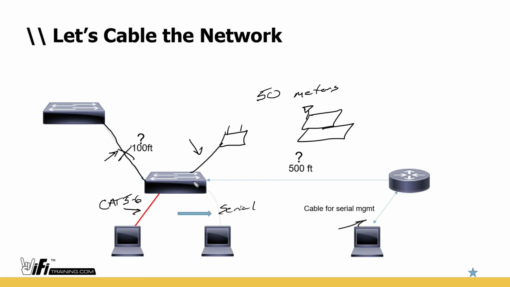So what would we use? We could use fiber here. So that's going to be a good fiber connection. Multi-mode or single mode at that distance would be fine. Now, single mode would probably be excessive. If it's just 500 feet, you could do multi-mode easy.